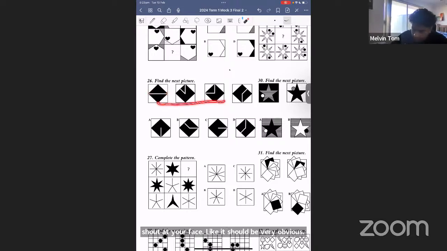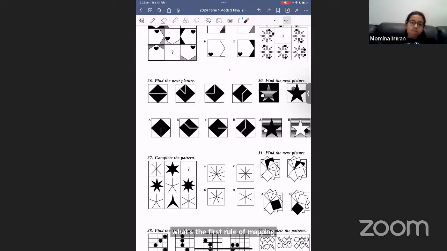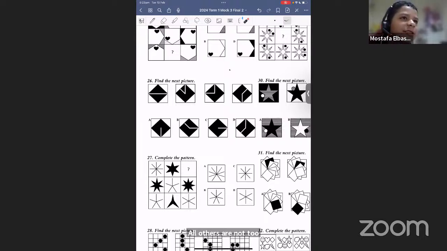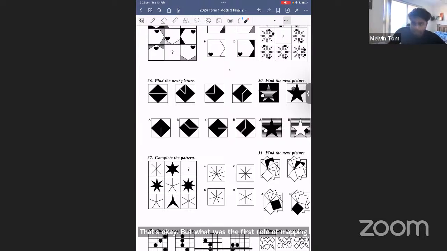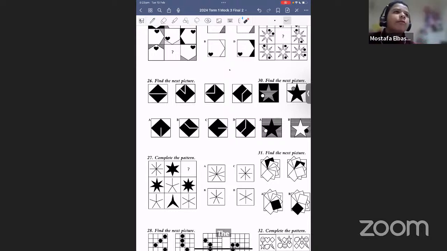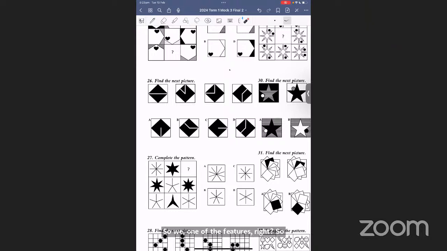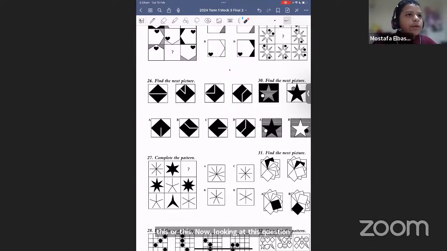Now, looking at this question, how can we quickly tell apart which line is which? Is there any way that we can differentiate between the two lines? Kind of, because the first one kind of moved.